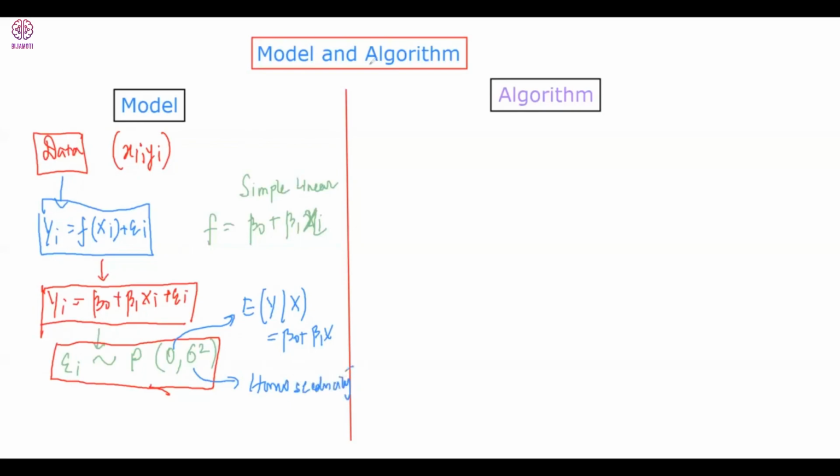What's next is that the epsilon i's must be independent of each other. Normal is an assumption, and it's most probably not true in every case.